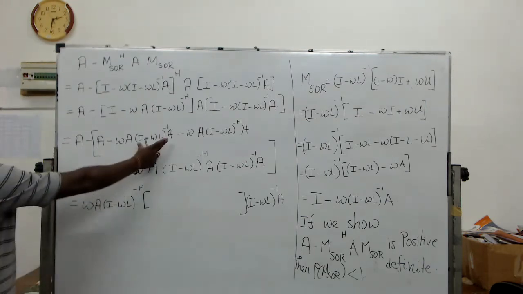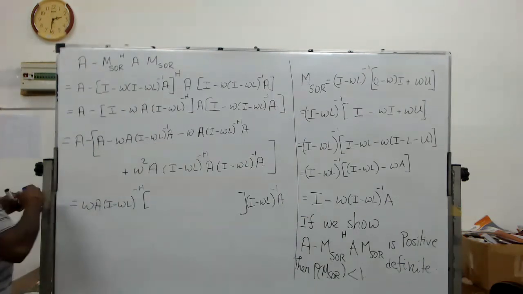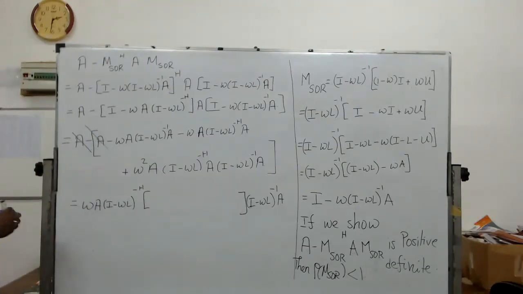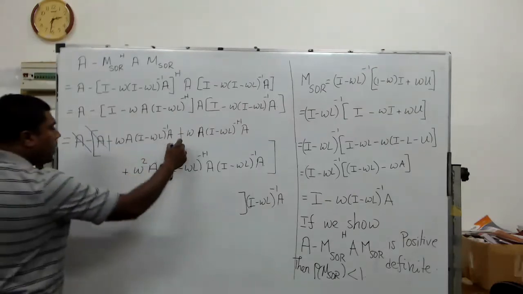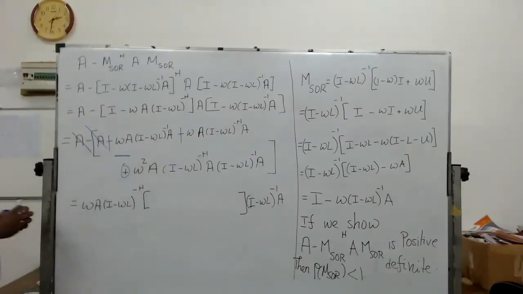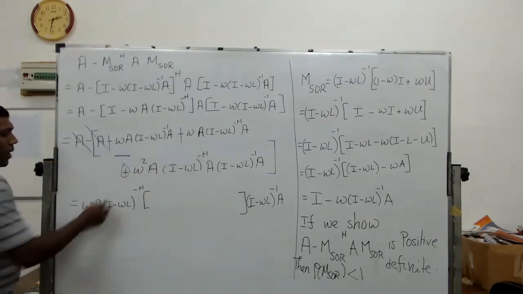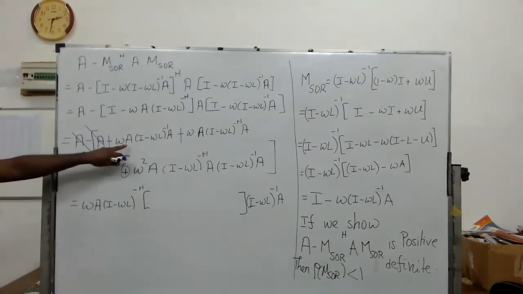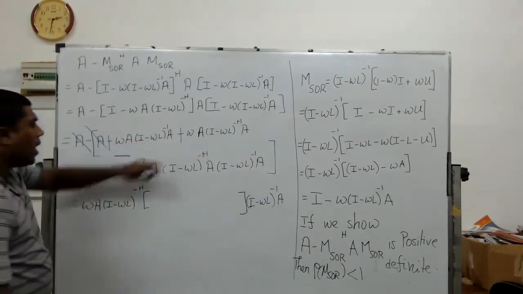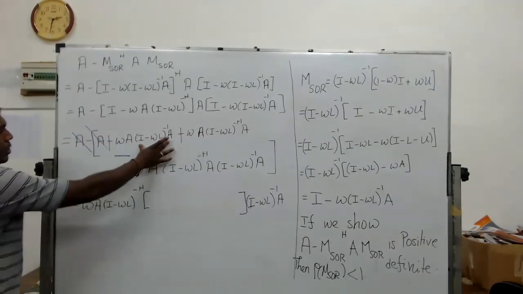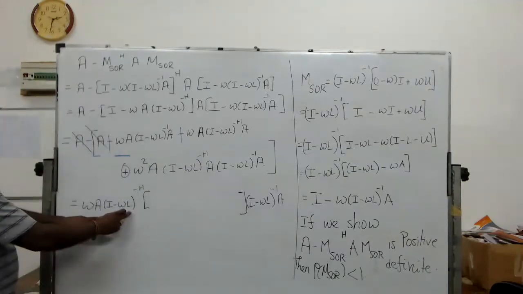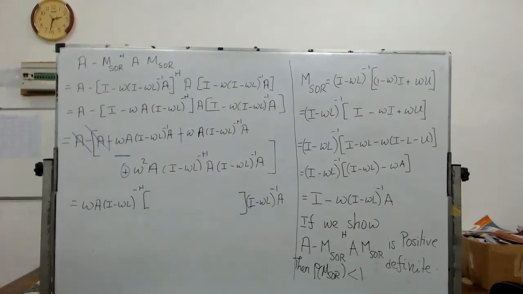So from this, you pull this part, so this is cancelled out, right? So that's simple, and then this becomes plus, and this becomes plus, and this becomes minus, that's obvious. Now you take out an omega, omega, omega. So here there is an A, (I minus omega L) A inverse is here. But you pull this part out, but at the same time you have to pull this one out, right? So what you have is (I minus omega L) Hermitian here.